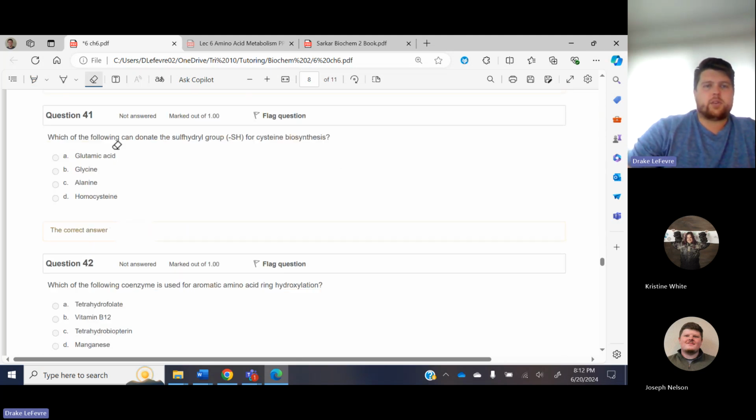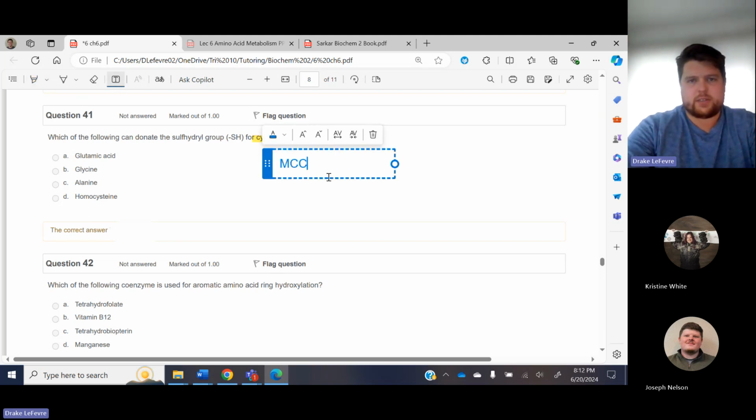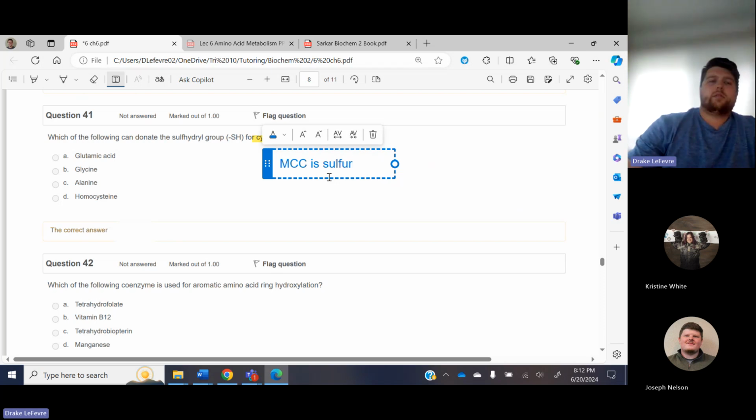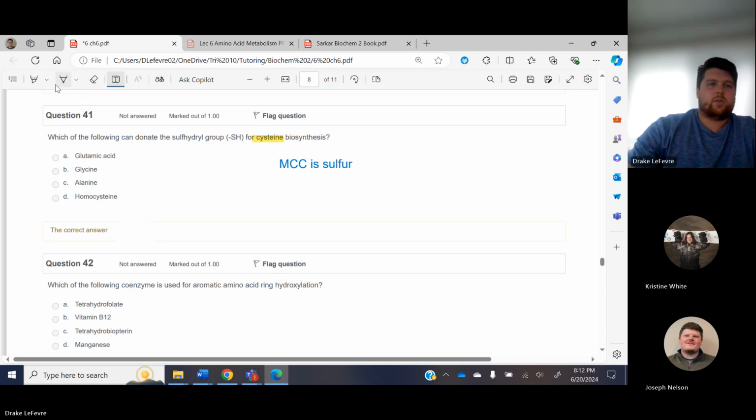Which of the following can donate the sulfhydryl group for cysteine biosynthesis? We think about the rule of thumb: cysteine is going to be MCC, which is sulfur. Methionine, cysteine. Only one that fits close enough with all of those is homocysteine.